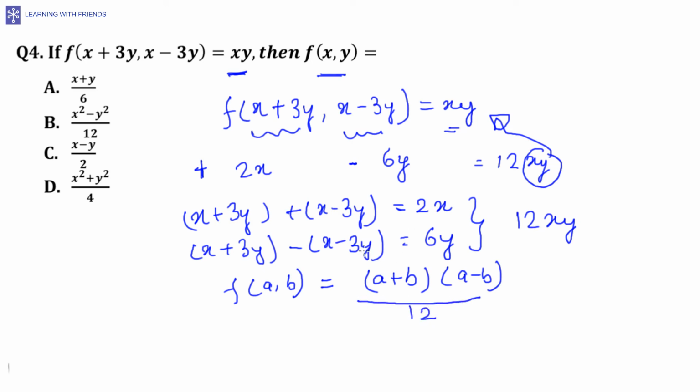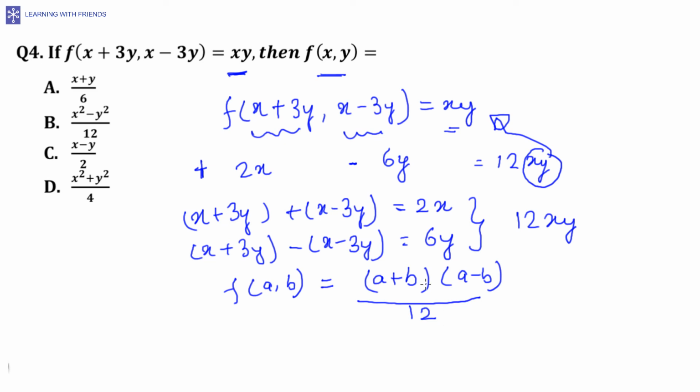So what did we do here? To get xy, we first added the two inputs. We subtracted the two inputs. So we did a plus b and we did a minus b. And then we multiplied those two inputs. But multiplying those two inputs gave us 12 times our desired answer. So we had to divide by 12 also.